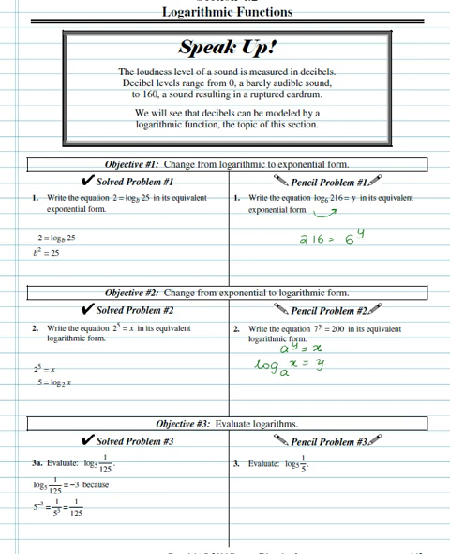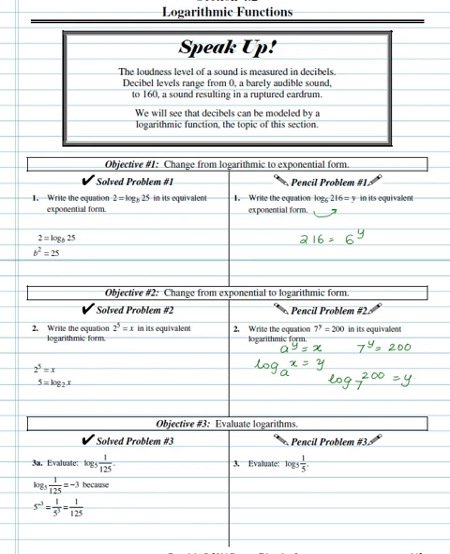So using the same formula here, this is 7 to the power y is equal to 200. In this case, the x is 200 and a is 7. So I'm going to have log base 7 of 200 is equal to y. Remember, you're not solving for it, you're just simply writing it in a logarithmic form.